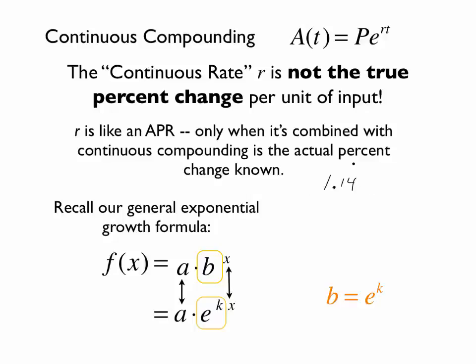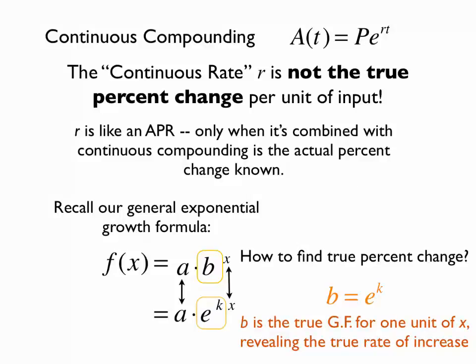What is it? 14%. That's the true percent increase. So B reflects the true percent increase. So B is the true growth factor for 1 unit of X. It reveals the true rate of increase. So B is the one that reveals the true rate of increase.